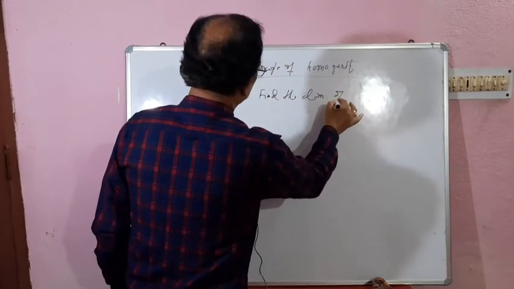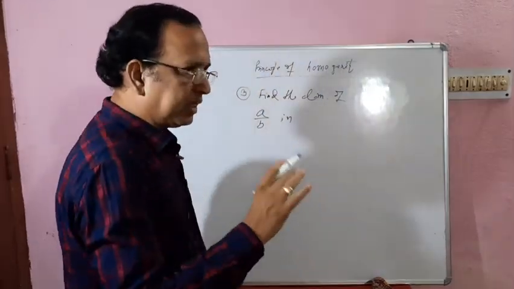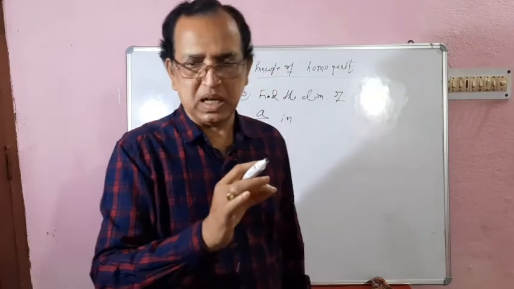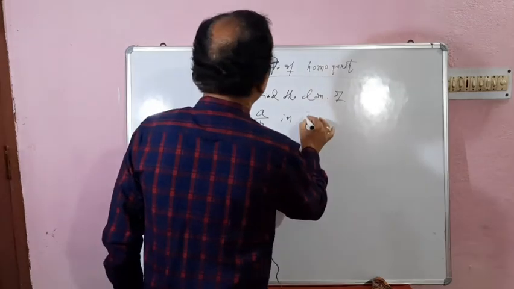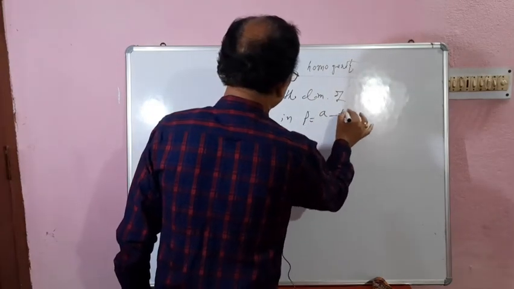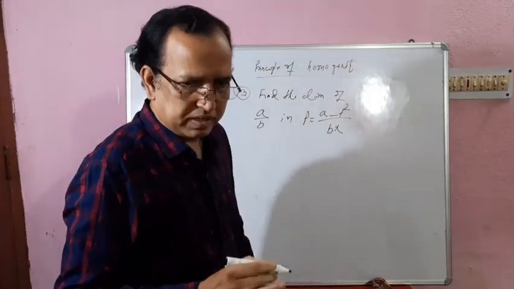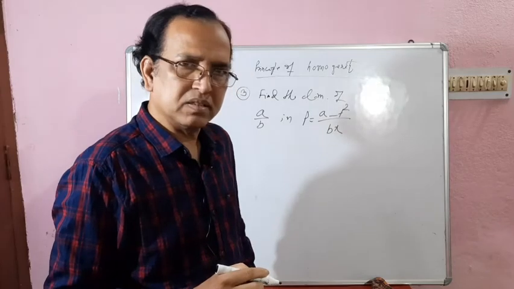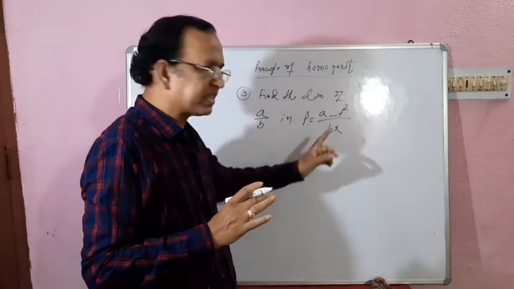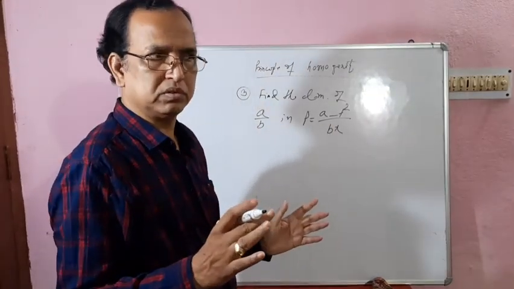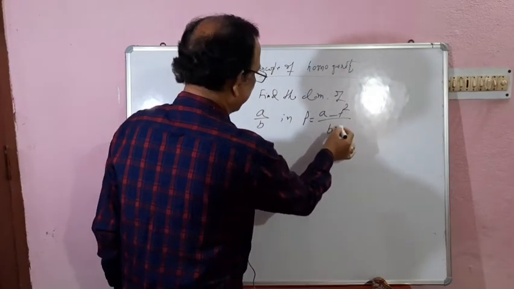Next example: find the dimension of A by B in P is equal to A minus T square by Bx. P is pressure, T is time, x is displacement. A minus T square by Bx is one term.